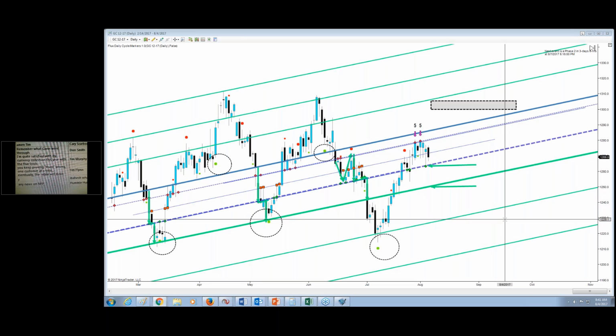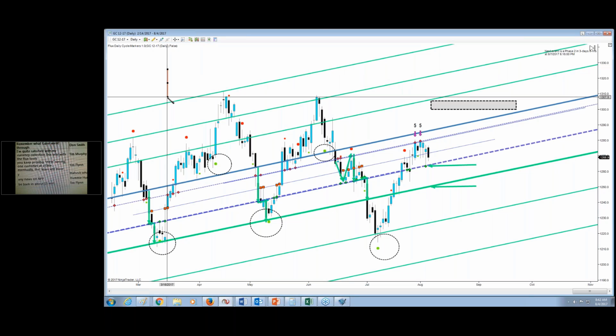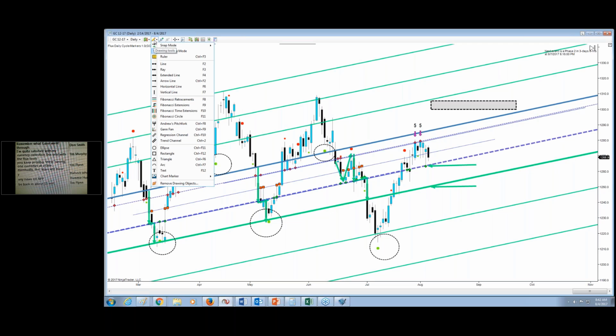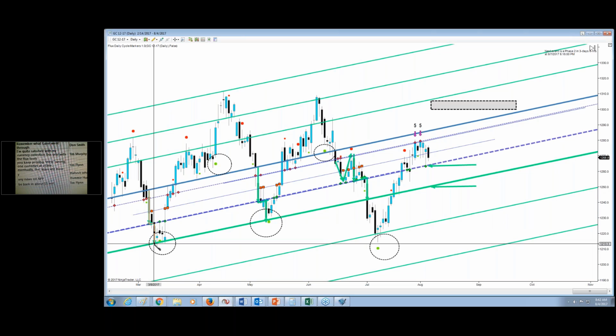Okay, any questions about gold? What we're sort of expecting? So as of right now, this is sort of the pattern that I'm watching.